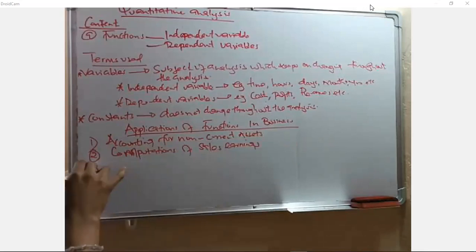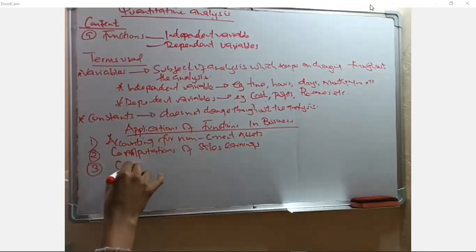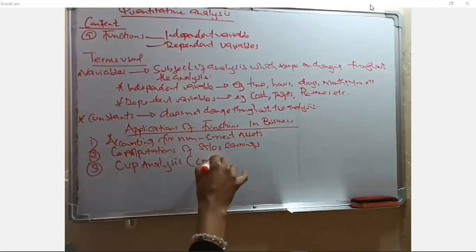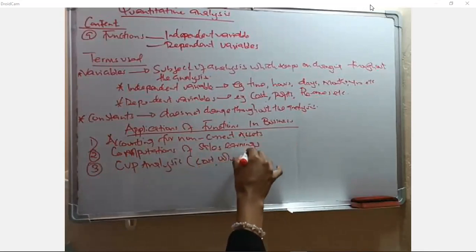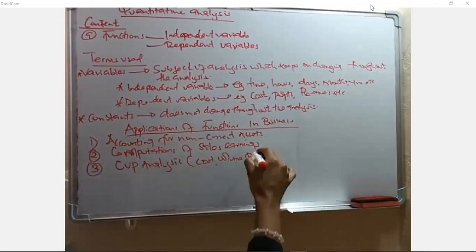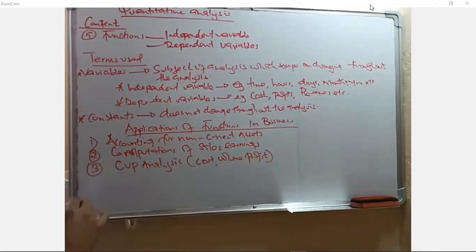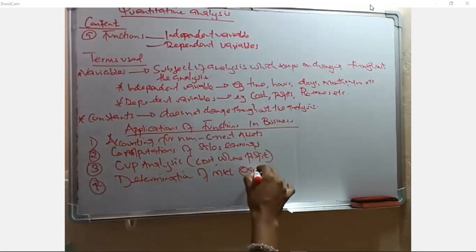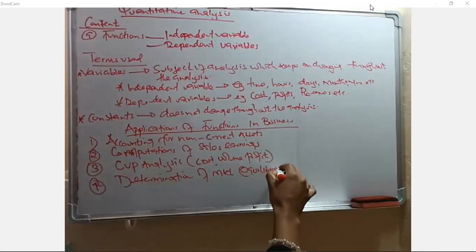Number three, cost volume profit analysis, normally called CVP analysis. Then number four, and the last one, which is very interesting, is the determination of market equilibrium.